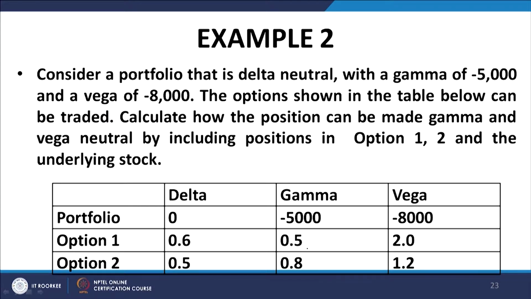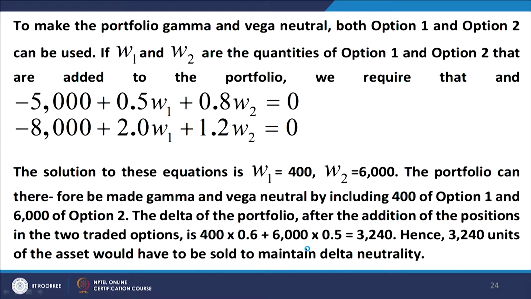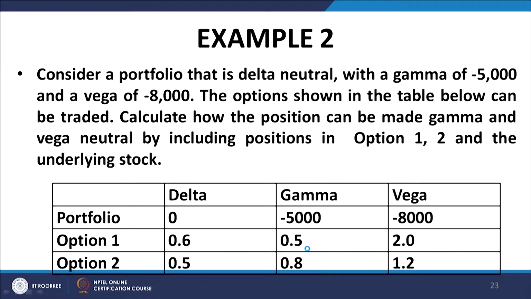gamma of 0.5 and a Vega of 2.0. So, gamma of 0.5 into W 1 plus 0.8 into W 2. What is W 2? It is option 2 and this is, remember, gamma. So, what is gamma of the second option? The gamma of the second option is 0.8.